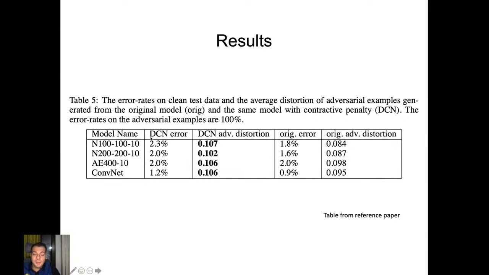So this table contains the results of the original architecture and the deep contractive architecture.